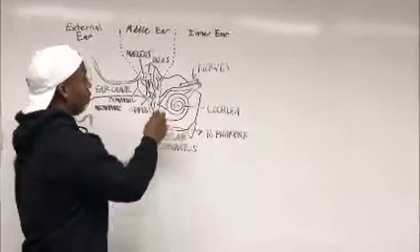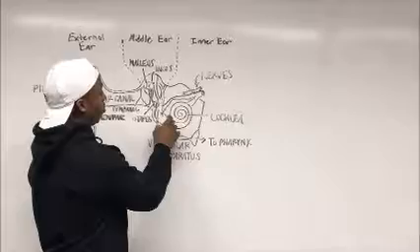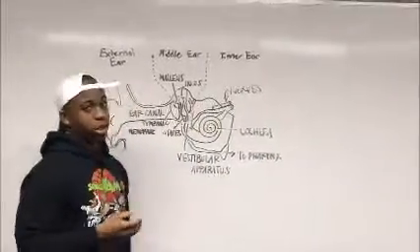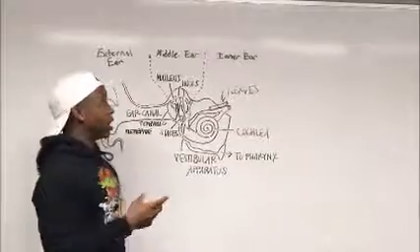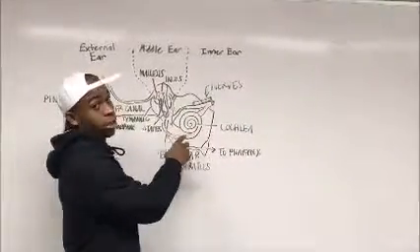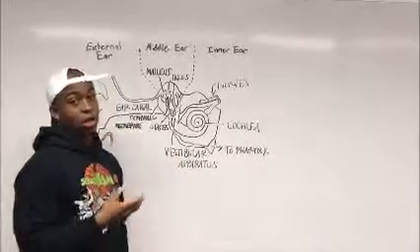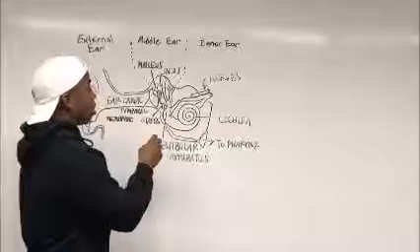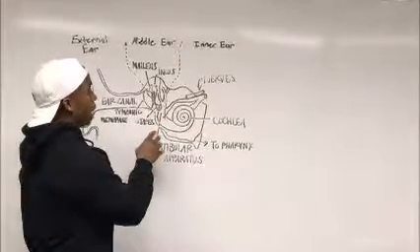On the outside, the biggest part of the cochlea is more rigid, thicker, and narrower. But as you travel towards the apex, which is the center of the cochlea, it becomes floppier and broader.